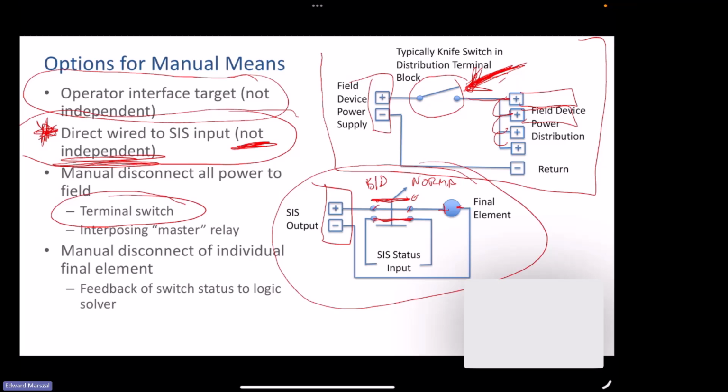But if you don't have the best SIS logic solver, you maybe got that Automation Direct thing that you bought for $99 net. If that's the case, maybe you might want to use this configuration down here, which is very sophisticated, very elegant.